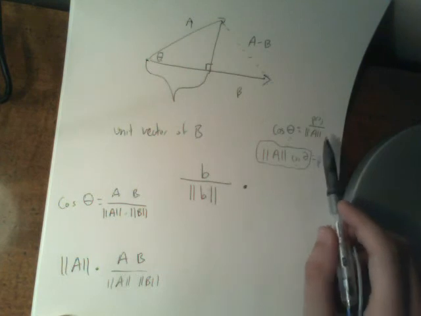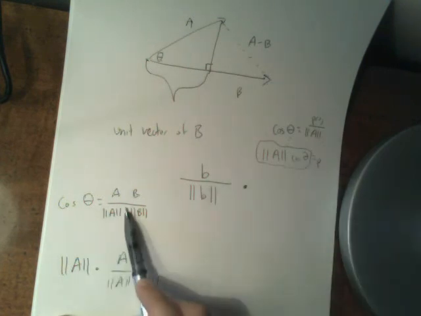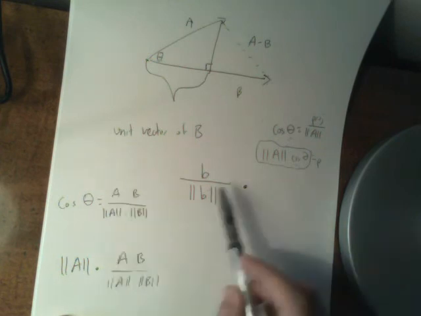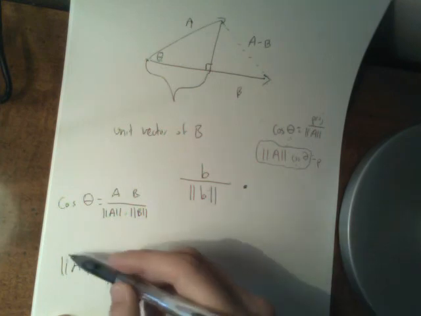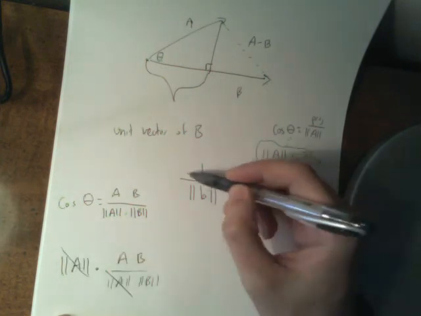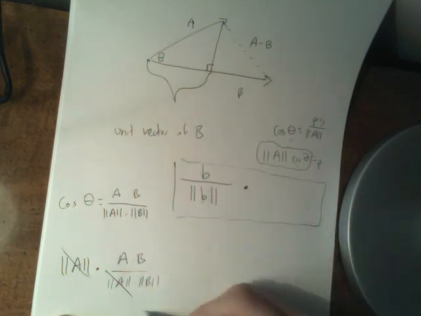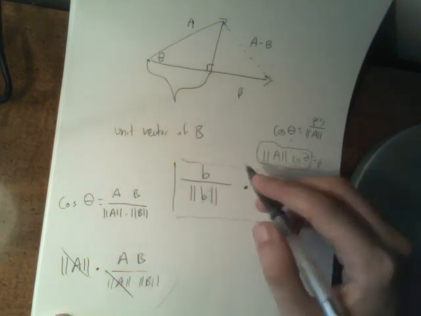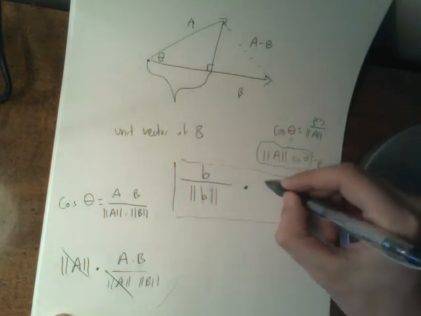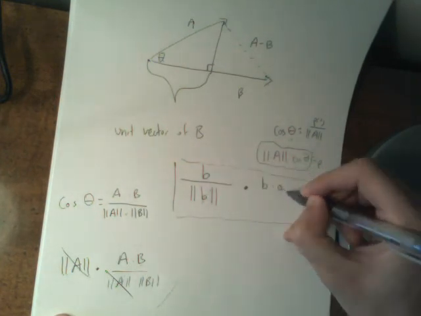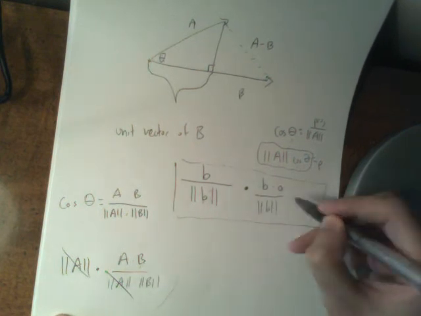And then the cosine equals this. So basically, you just substitute this into the formula. You get this, the two A's cancel out. So you end up with the unit vector of B times this thing. Okay, so I went from lowercase to capital, but these are the same B's. So I'm going to go back to lowercase now. So it's B times A. I just changed the order, which you're allowed to do, over that.